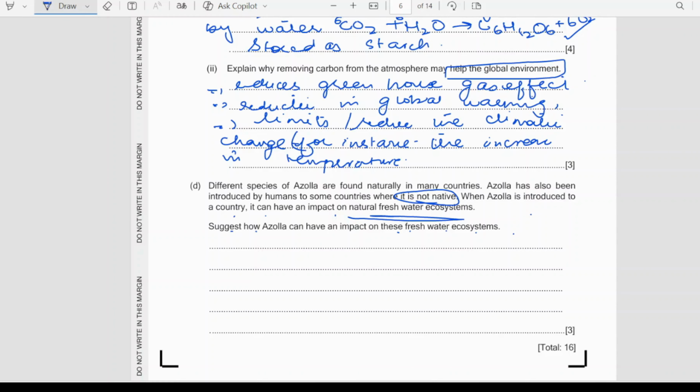Okay, it will compete with native species. It will compete for what? For nutrients. For nutrients, for water.